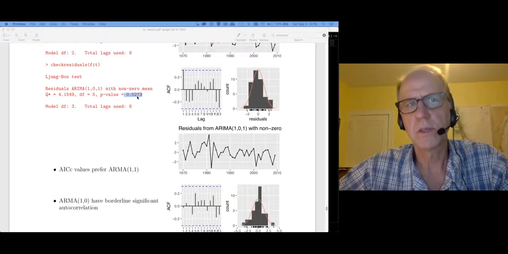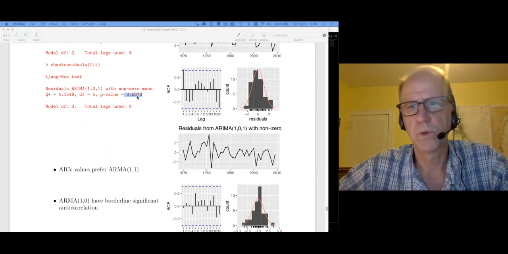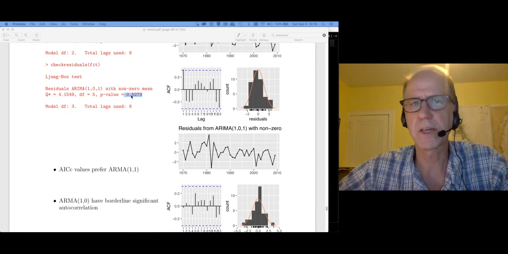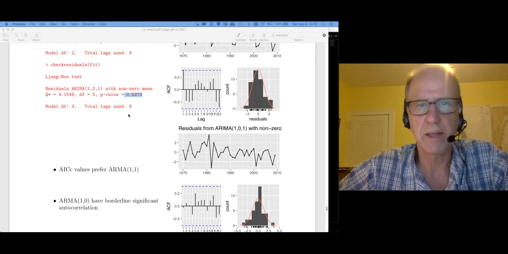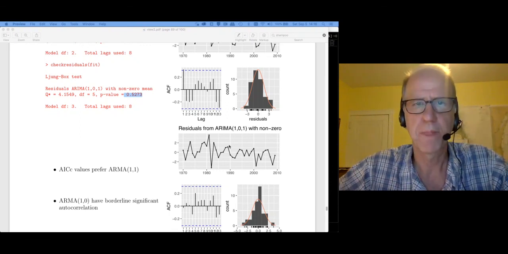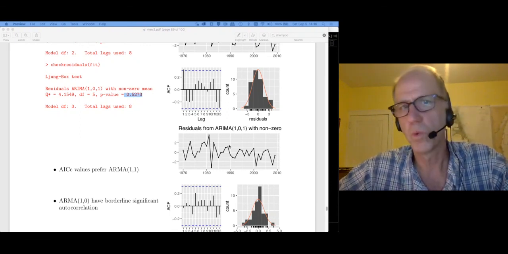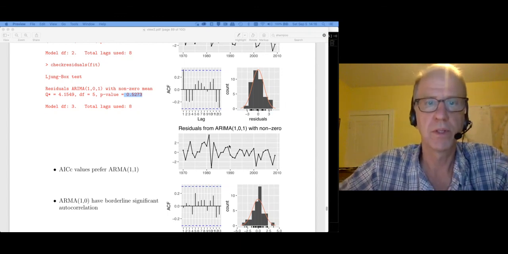So when we look at the Ljung-Box test for the ARMA model, the p-value is very large, signaling that we cannot reject the null hypothesis that the first 8 lags are all equal to 0. So I think we prefer the ARMA(1,1) model for this T-bill data.